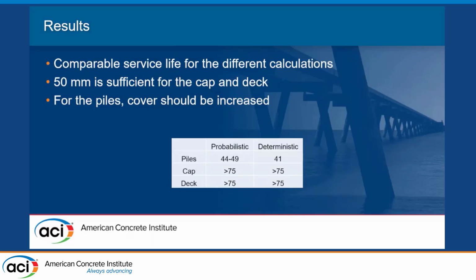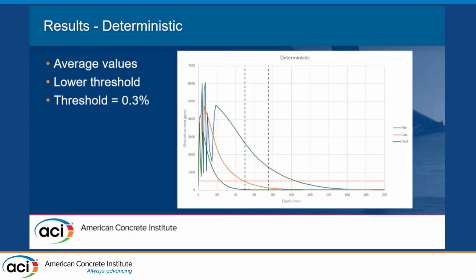Just a word here about the probabilistic calculations versus deterministic. We shouldn't get different results, and we don't get different results. With the probabilistic evaluation, I would get for the piles 44, 49. Sorry, what you don't see here is that with the model, I can get these curves at any age.